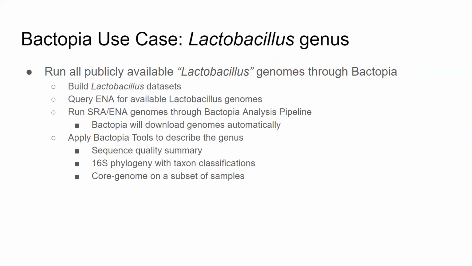This will show how we can download directly from ENA or SRA. Just assume those are interchangeable. If I say ENA, I also mean SRA. And how we can download those samples directly and then apply each of the tools for sequence quality summary, a 16S phylogeny, and taxon classifications in a core genome on just a subset of the samples.